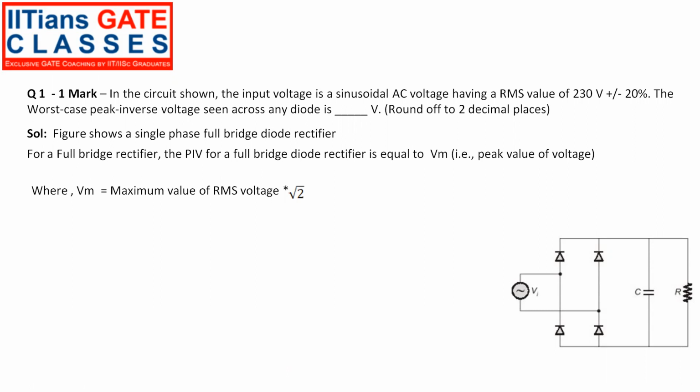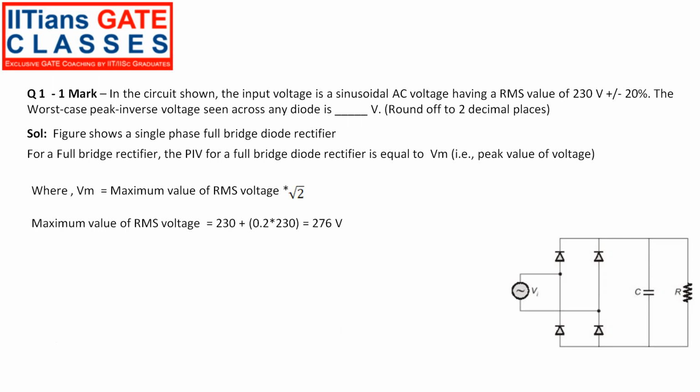But in the question they are asking us the worst case peak inverse voltage, which means maximum Vm. Maximum Vm is possible when the RMS voltage is maximum. So RMS voltage is maximum if you take 230 volts plus 20% of 230 volts, that is 276 volts.